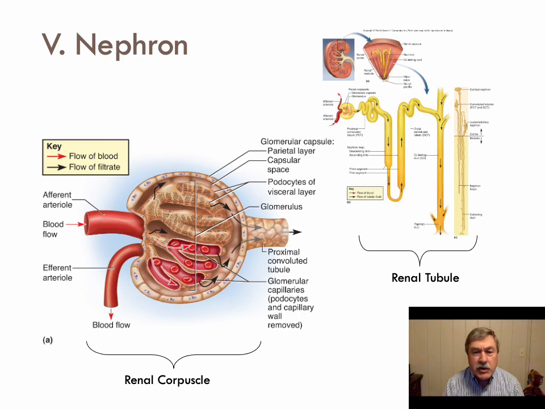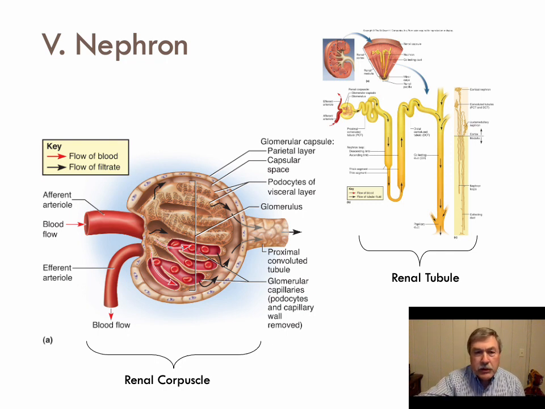These are called filtration slits, and those form the very finest filter that prevents large substances like blood cells and proteins, larger molecules, from passing through the filtration apparatus. Instead, those large things stay in the plasma of the blood in the glomerulus and don't get filtered, because if they got filtered, they might end up getting lost by being excreted in the urine.